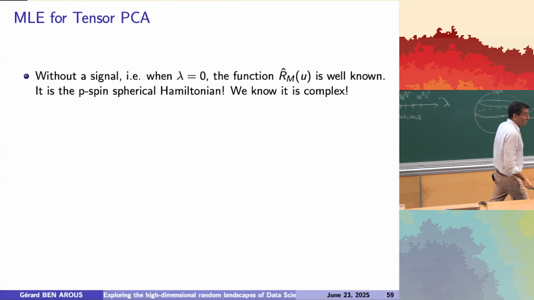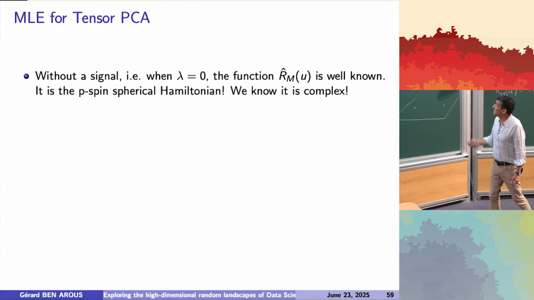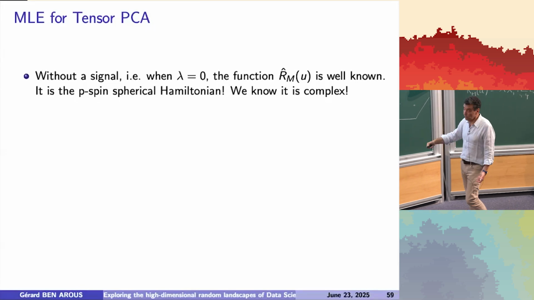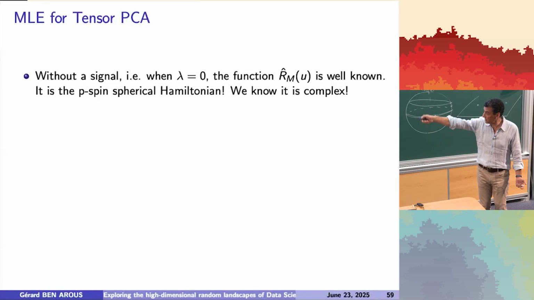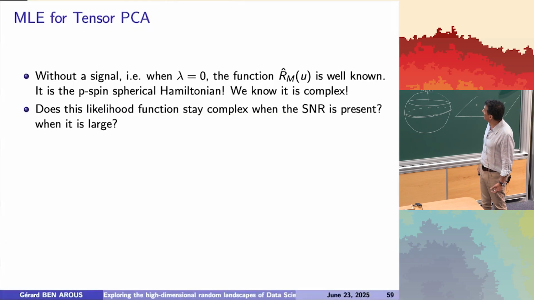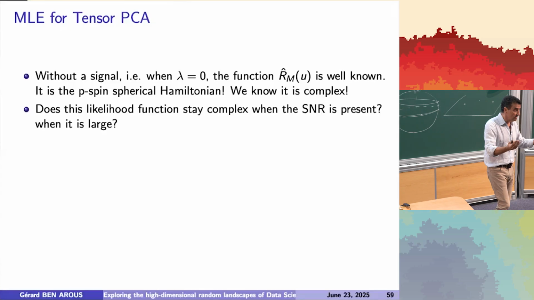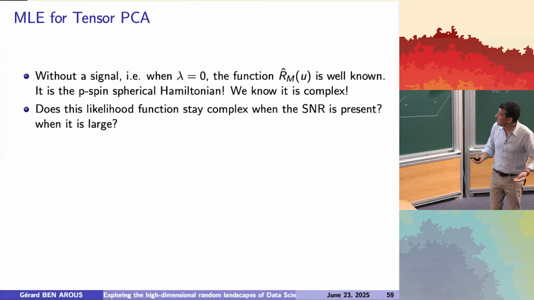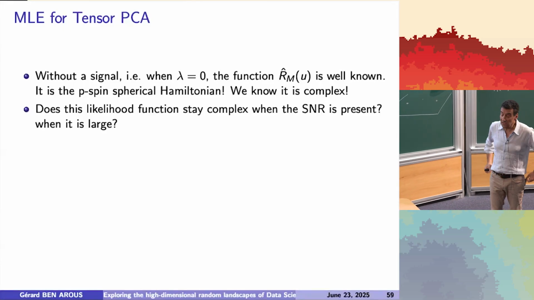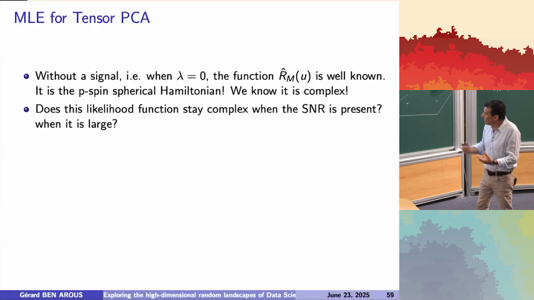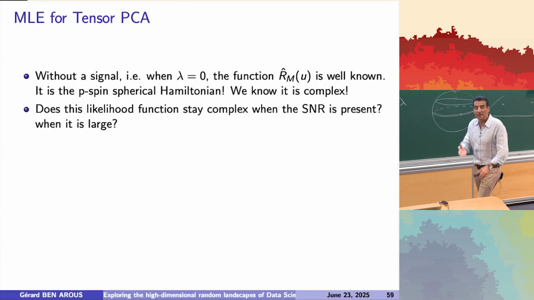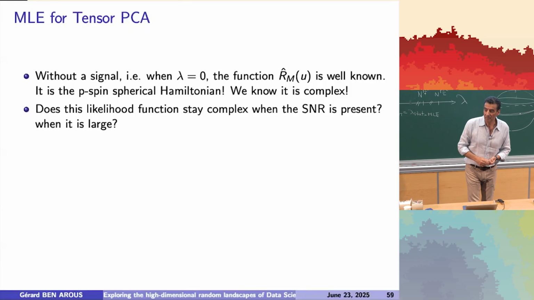When lambda is 0, as I said, this is just the spin glass, the spherical Hamiltonian, and we know it's a very complex function. The picture is given here. Does this likelihood function, which is coming from this statistics problem, stay complex when you have a large signal to noise ratio? Think a minute.